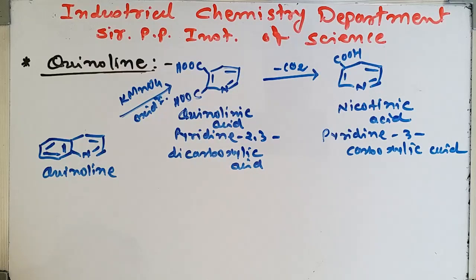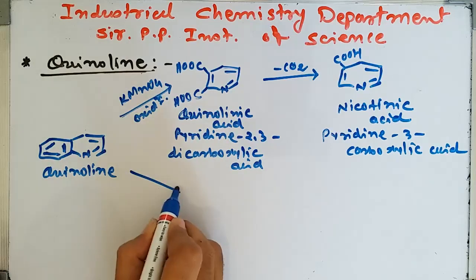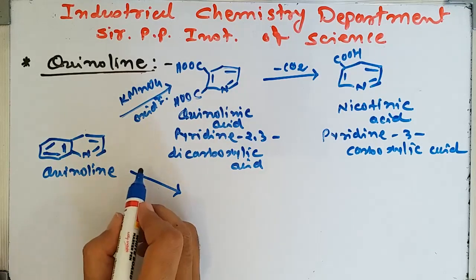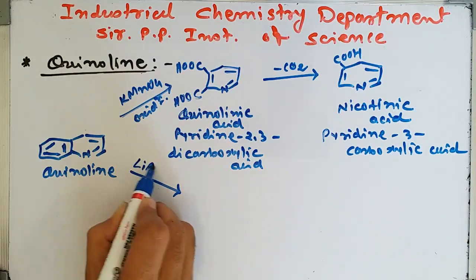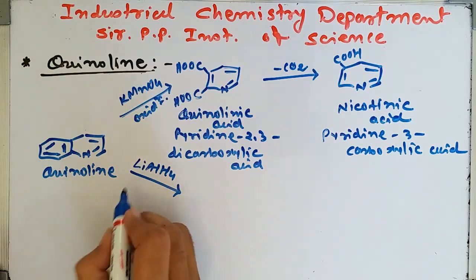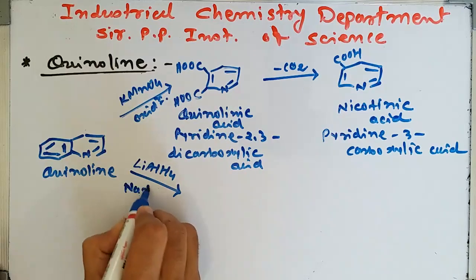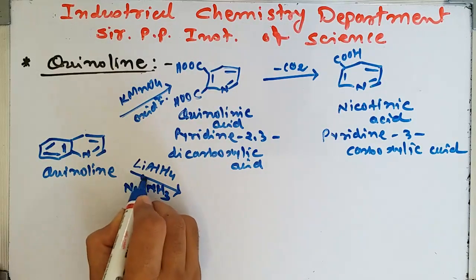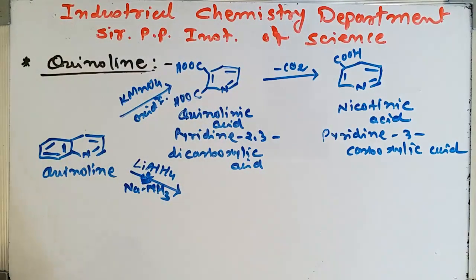Catalytic reduction attacks preferentially the more electron-deficient pyridine ring of quinoline. We see with the help of lithium aluminium hydride LiAlH4 or sodium NaNH3, both reagents we discuss in our reagent topic.